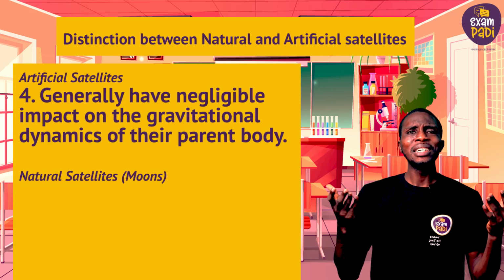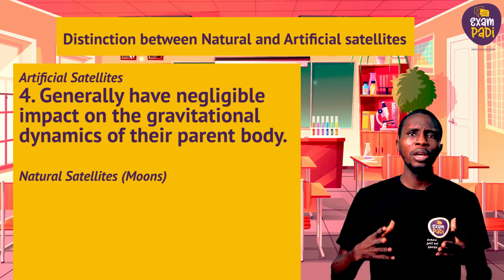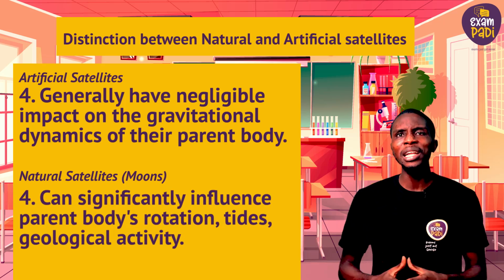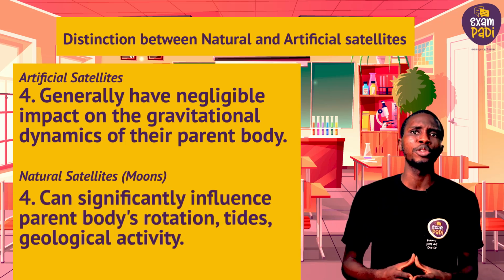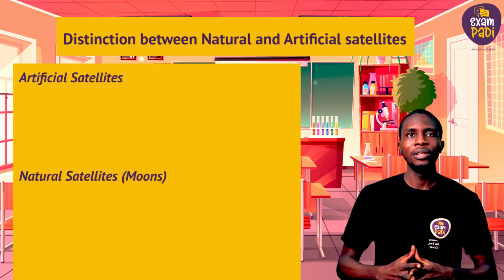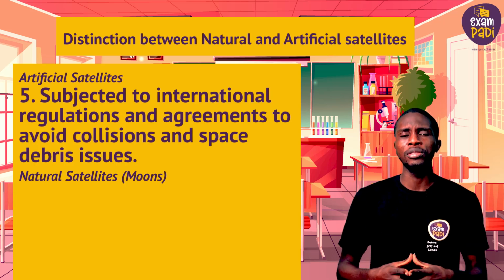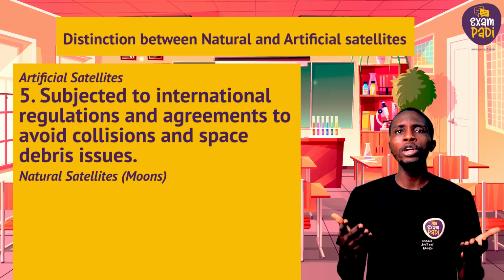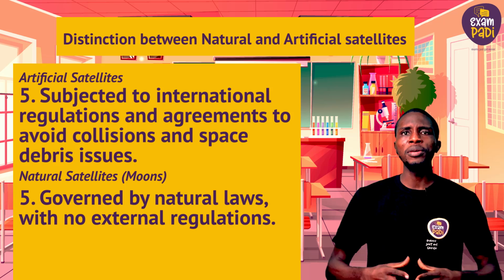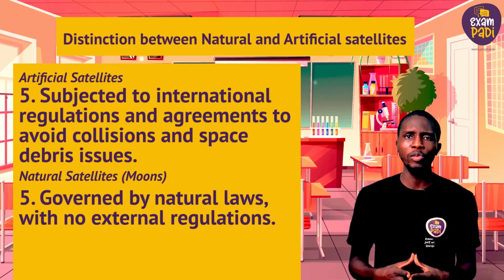Artificial satellites generally have negligible impact on the gravitational dynamics of their parent body, whereas natural satellites can significantly influence the parent body's rotation, tides, and geological activity. And 5. Artificial satellites are subjected to international regulations and agreements to avoid collisions and space debris issues, whereas natural satellites are governed by natural laws with no external regulations.